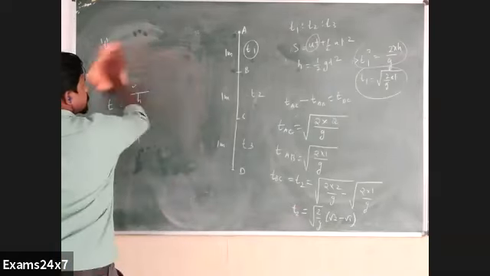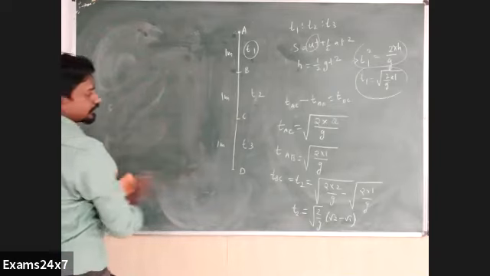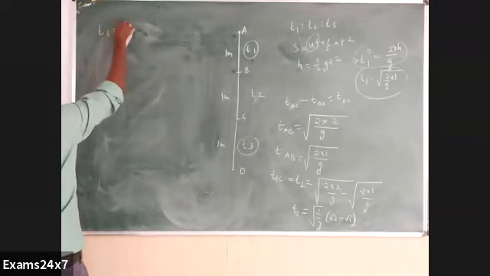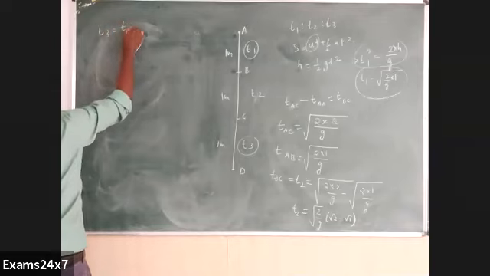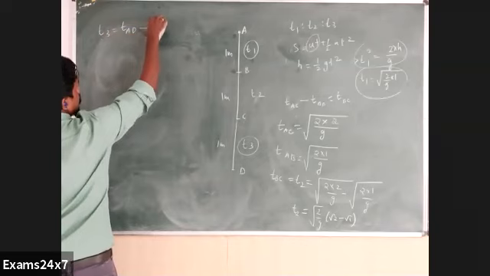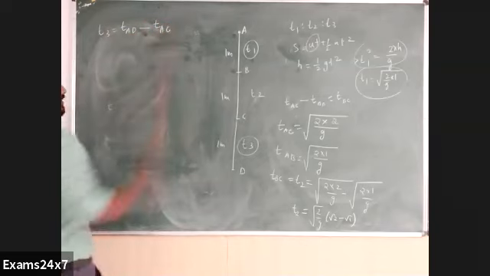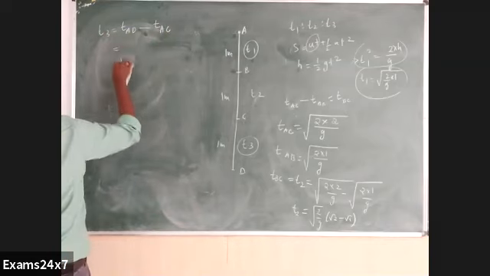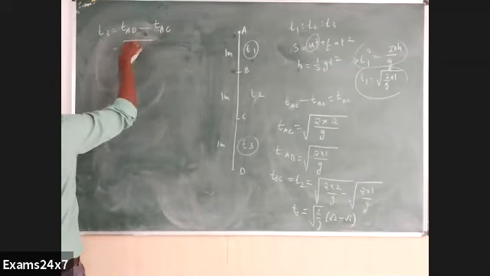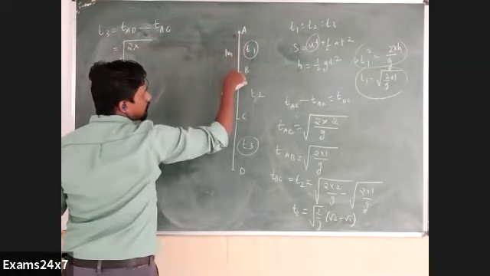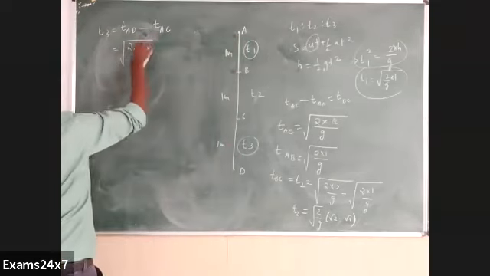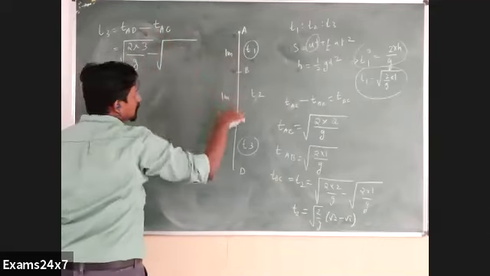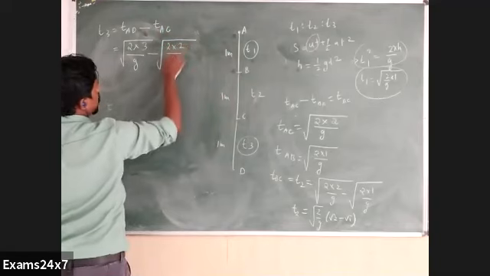Now similarly, how to find t3? t3 is the time taken by the object to travel from A to D minus the time taken to travel from A to C. What is the time taken to travel from A to D? Root of 2 into distance 3 by g, minus the time from A to C, root of 2 into 2 by g.